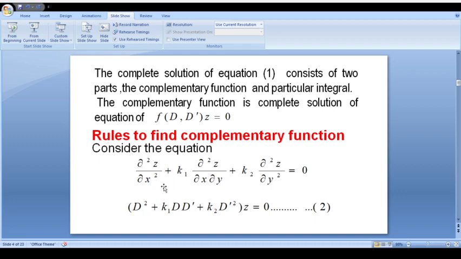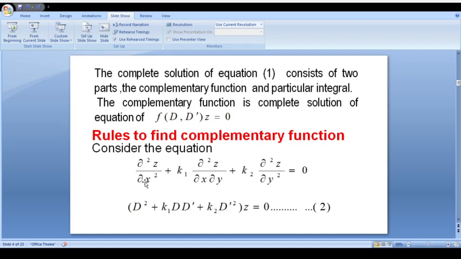We consider a second order linear PDE of this form: dou square z by dou x square plus k1 dou square z by dou x dou y plus k2 dou square z by dou y square equal to 0. This is a second order linear partial differential equation with constant coefficients, where k1 and k2 are constants.